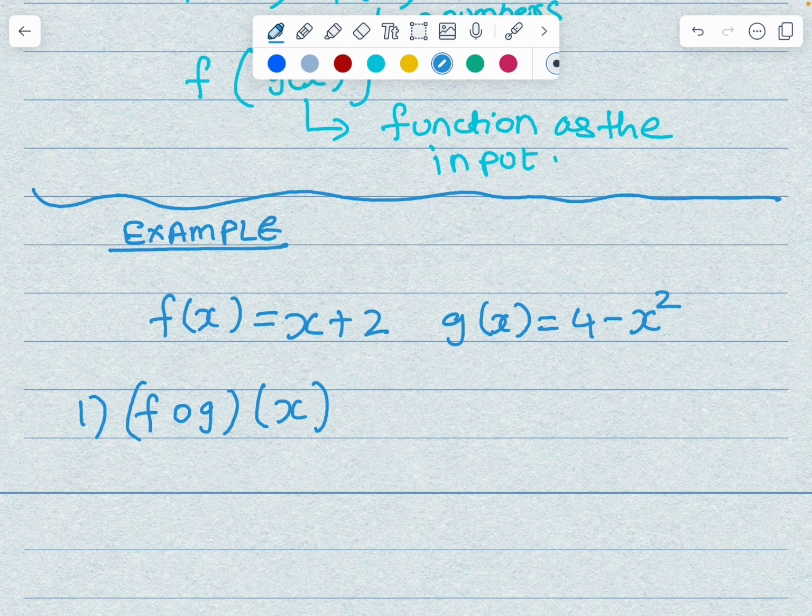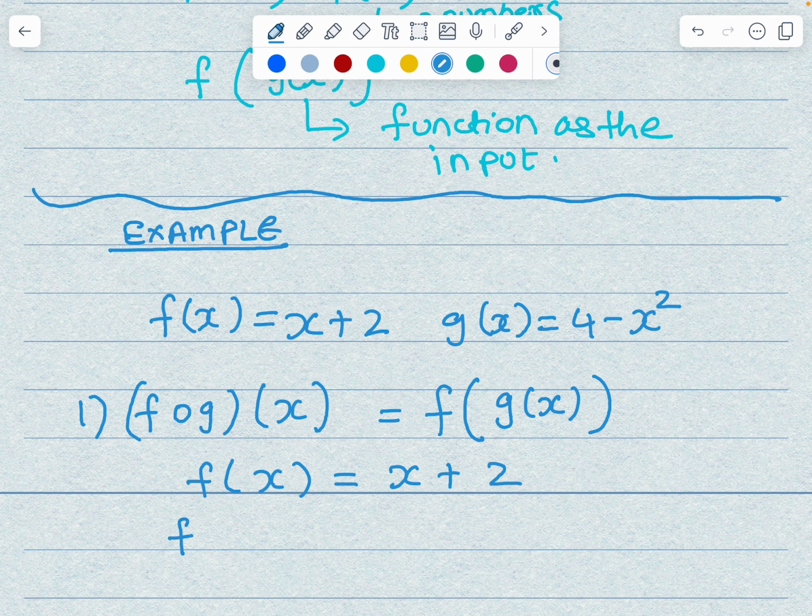So when we want to do f of g of x, let's look at the definition of f of g of x. What is that? Your first thing, f, and what is taking as the input is the function g of x. So that means I first write out f of x. f of x equals x plus 2. Now, wherever there is x, I need to put the function g of x.